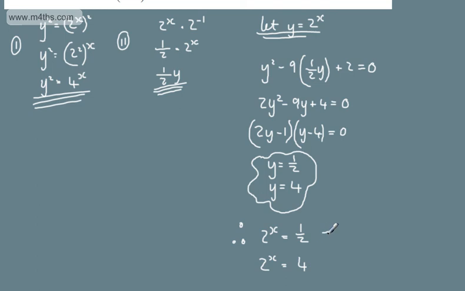If 2 to the x is equal to 1 half, therefore x is going to be equal to minus 1. If we look at this one right here, we've got 2 to the x is equal to 4. That's going to give us now that x would be equal to 2. So our two solutions for x are minus 1 and positive 2.